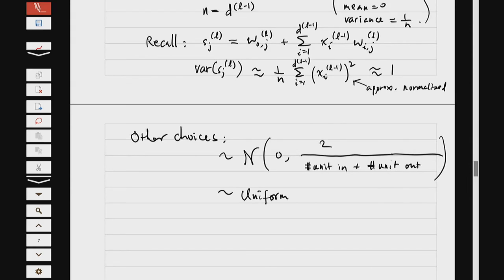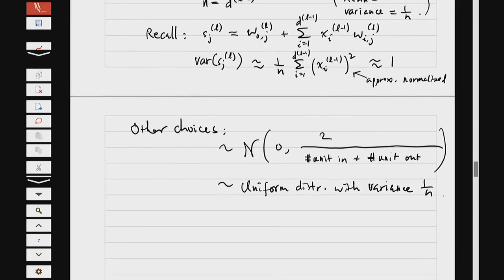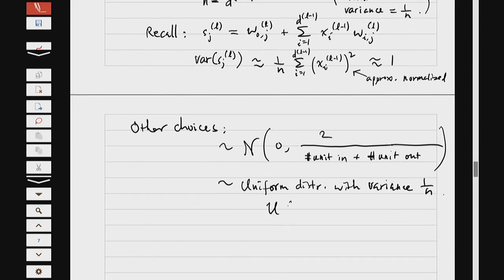Another choice is not to use Gaussian, but rather a uniform distribution, while you still want to keep the variance to be 1 over n. That's something people have used, and it seems to be reasonable as well.